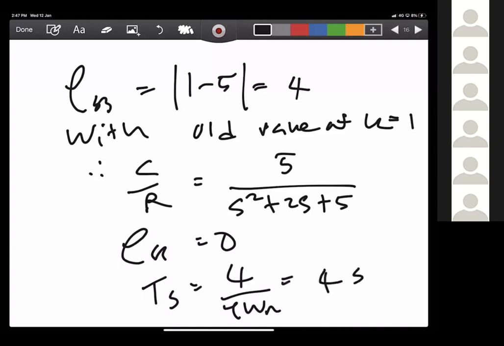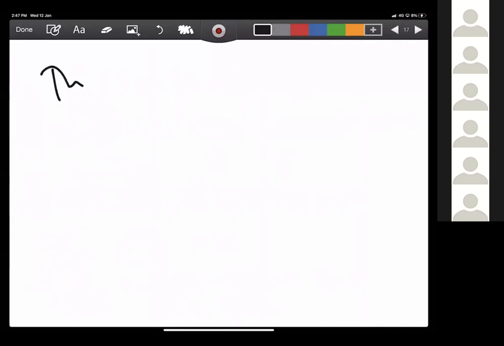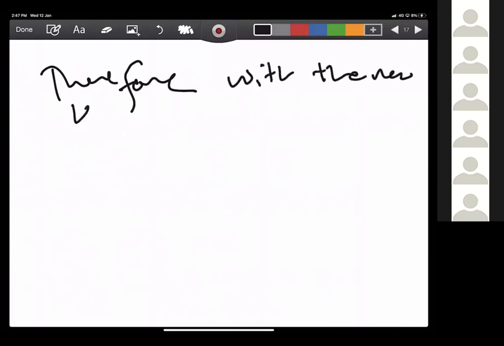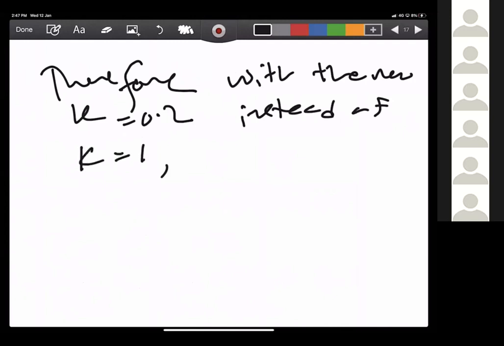Okay. So therefore, with the new K, instead of K equal to 1, 0 overshoot can be achieved.